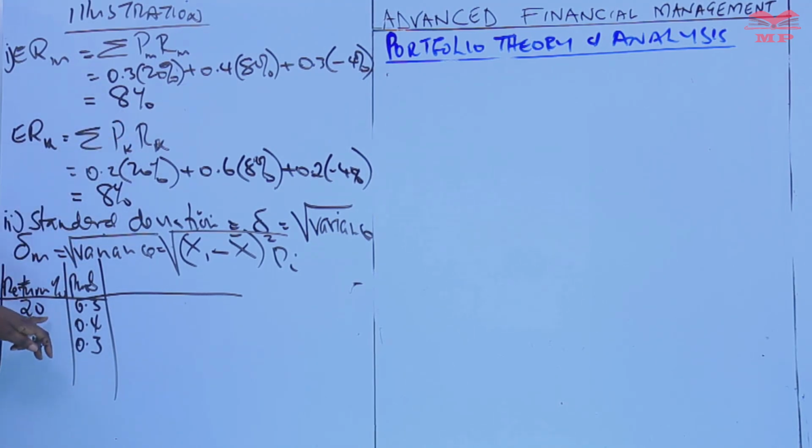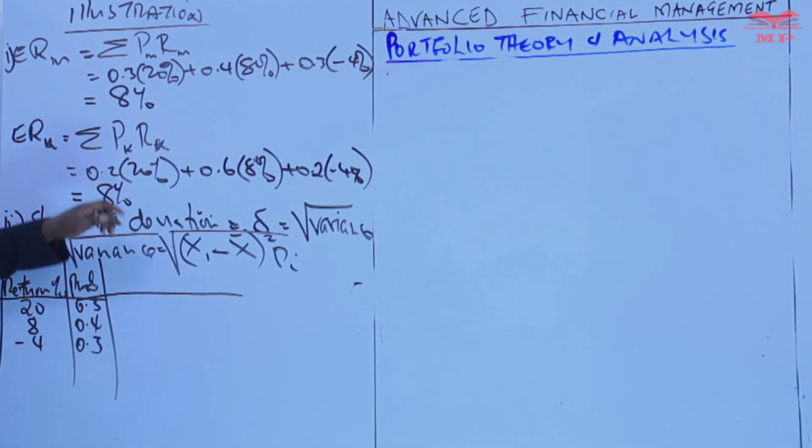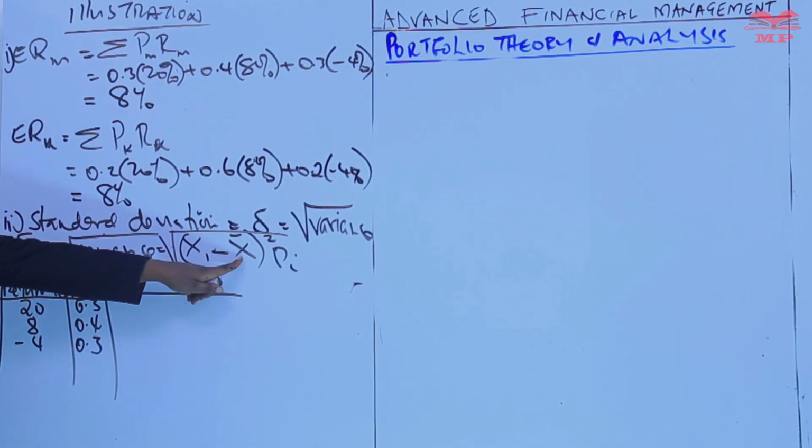So it is these two columns that give us the expected return. We multiply 20 times 0.3 plus 8 times 0.4 plus -4% times 0.3. When you get that summation, that gives us the expected return, which is represented by X bar.